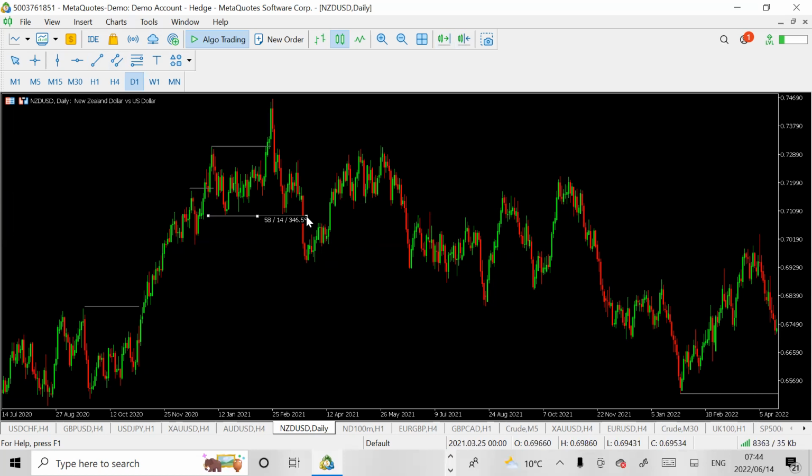So the first break of the previous low, this was our first break of the previous low. It was our higher low, because we were bullish. We were experiencing a series of higher low, higher high, higher low, higher high, higher low, higher high, higher low, higher high.